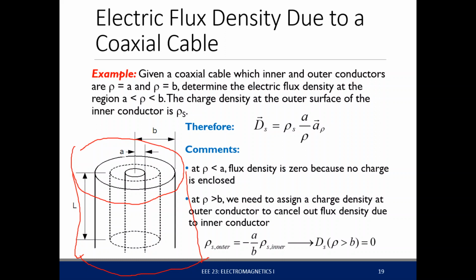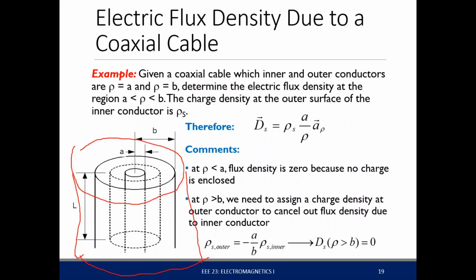If we choose a Gaussian surface that is greater than B, there shouldn't be any electric field leaking out. So that's actually the purpose of the shielding outside the coaxial cable. We don't want any electric field leaking out of your coaxial cable, because that might cause interference in the outside world. Okay, so that's the effect of shielding.